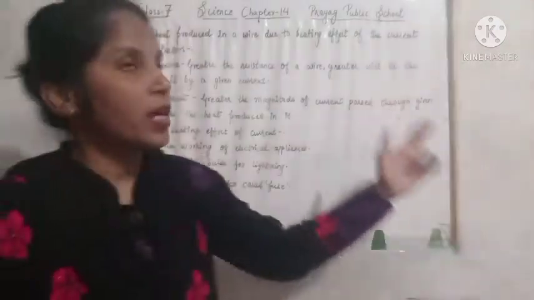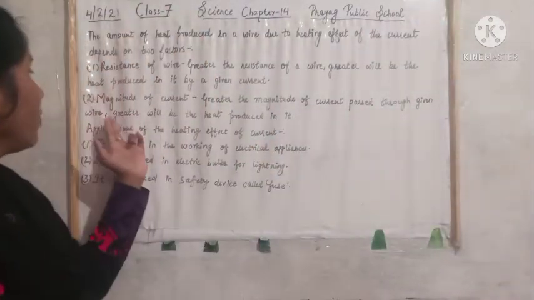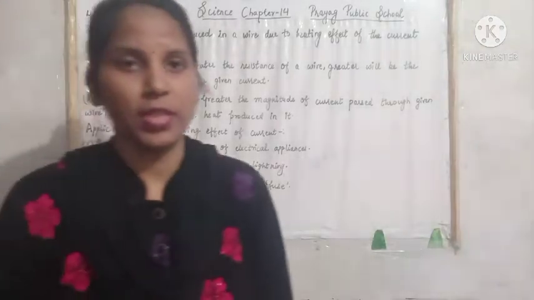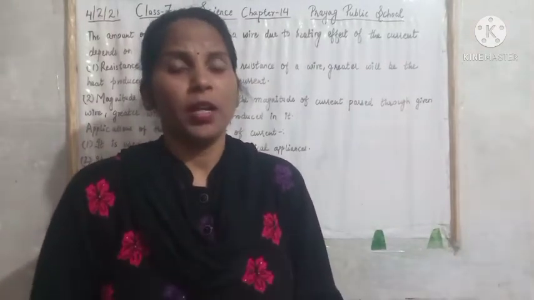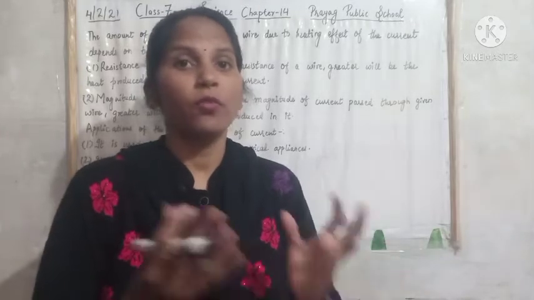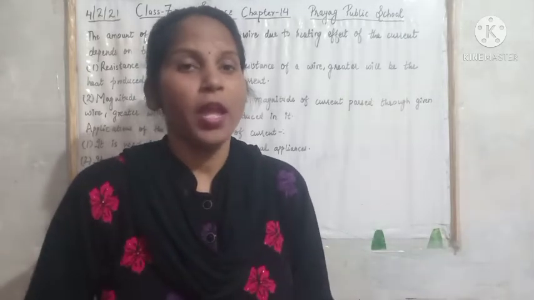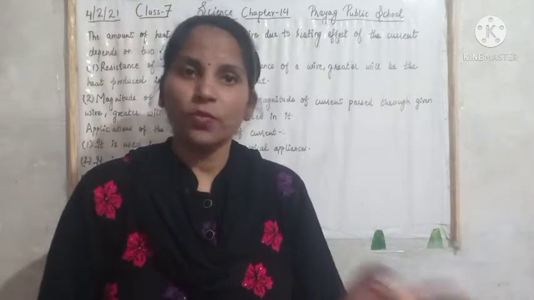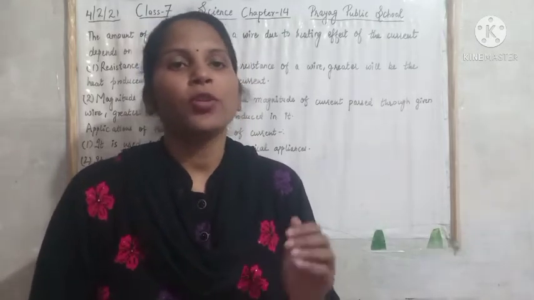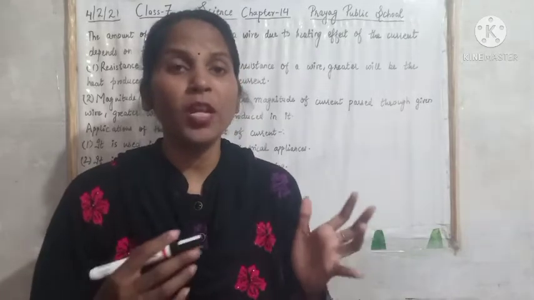Now the second one is magnitude of current. Greater the magnitude of a current passed through the given wire, greater will be the heat produced in it. In this what happens? The amount of heat depends on the type of resistance of wire. If we are talking about nichrome, then high resistance will be offered, and if we are talking about copper, very low resistance will be offered.